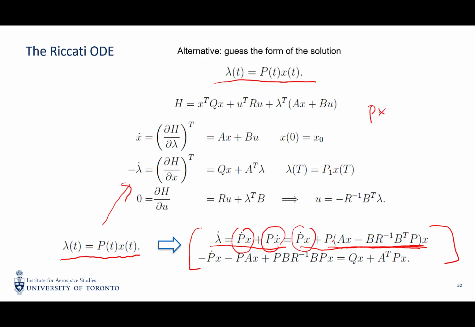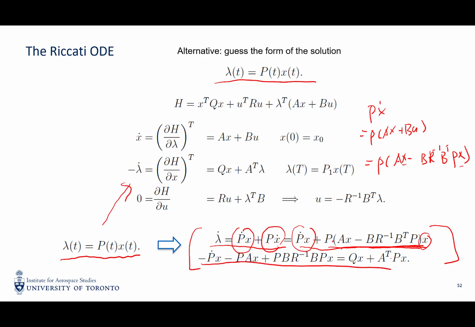So p times x dot equals p times ax plus bu, and also equals p times ax minus r inverse b transpose p. Then we can pull the x out from the parentheses and put it at the very end. Okay, so we have the final form in this format.